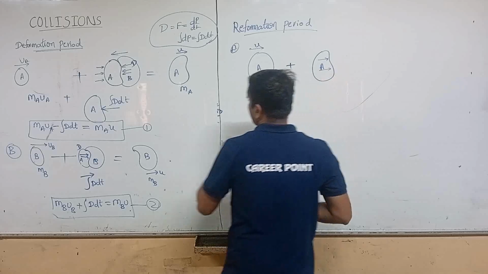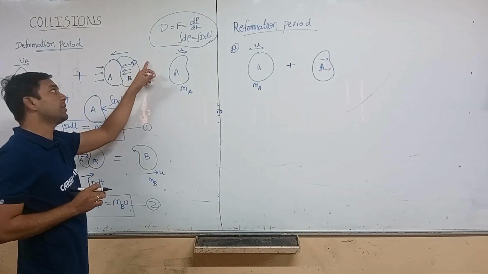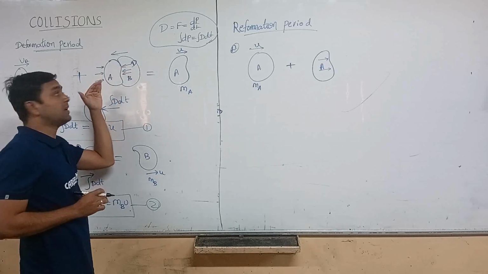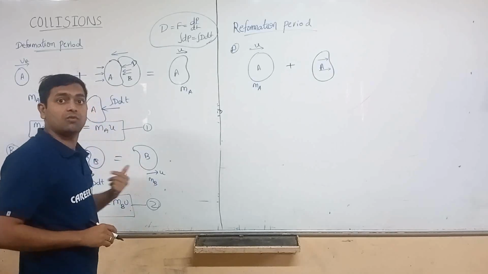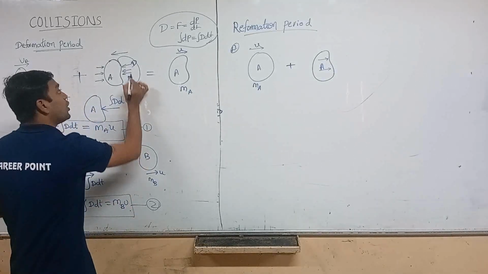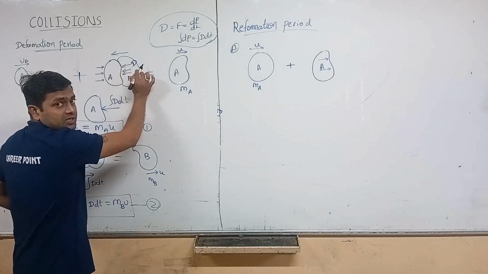By Newton's third law, when the deforming force is applied on this side, this force also gives the same force, because every action has an equal and opposite reaction. So the same force we are going to give from this side.